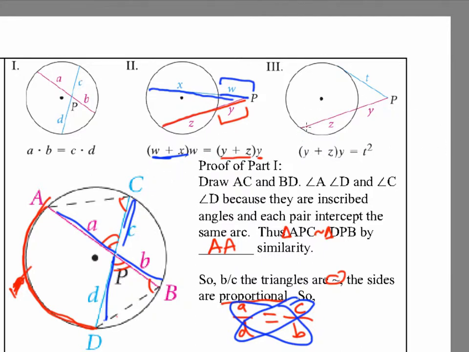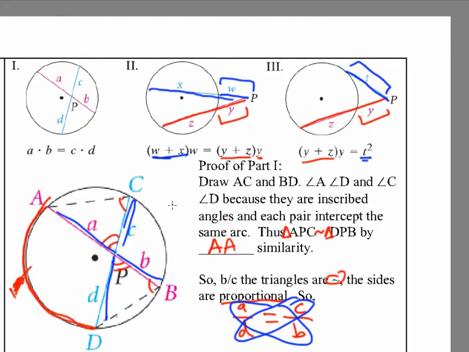We have Y plus Z times, again, just Y equals T squared, which would be T times T again, so T squared.